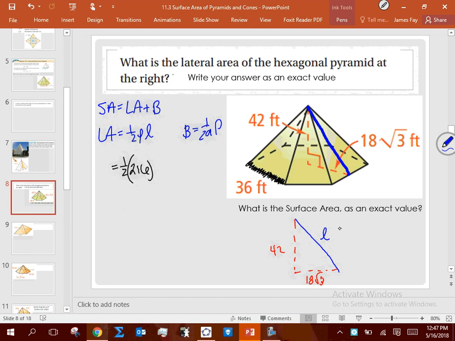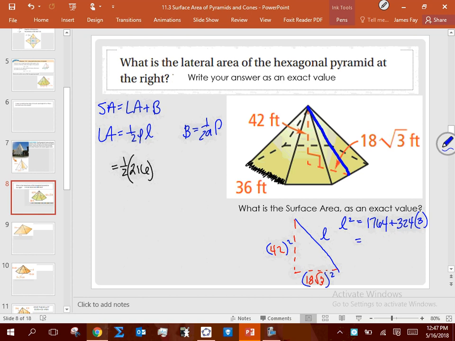Okay. So I'm going to say L squared is equal to 42 squared. 42 squared is 1764. Plus now I'm going to square this number. So again, I'm squaring both of these. 18 squared is 324. What is radical 3 squared? 3.